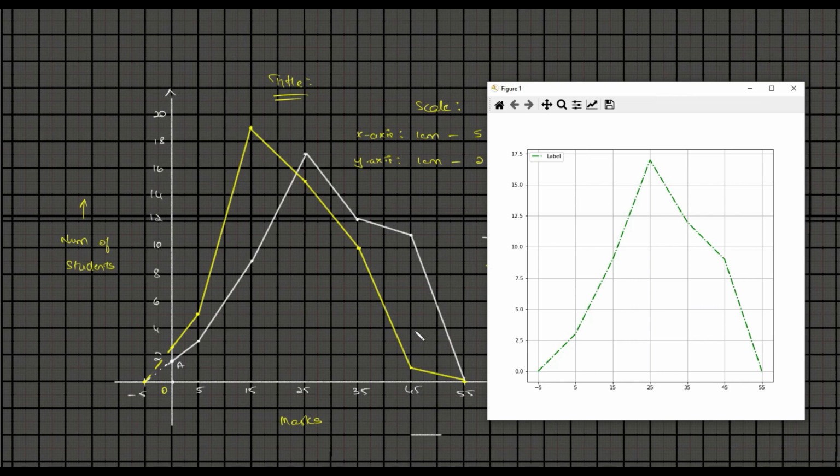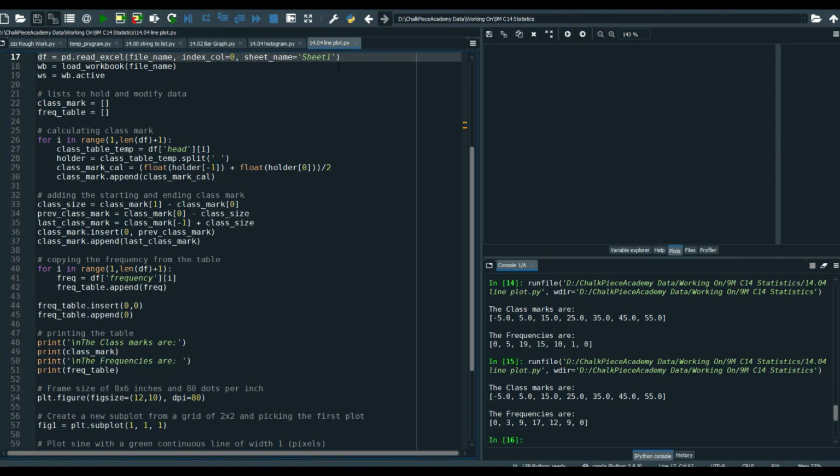Oh, 45 is not 9, is it? Okay, 9 itself. 45 is 9. That's okay. Then maybe because of these extra lines. Actually, this gap has made the difference, but it looks almost the same.